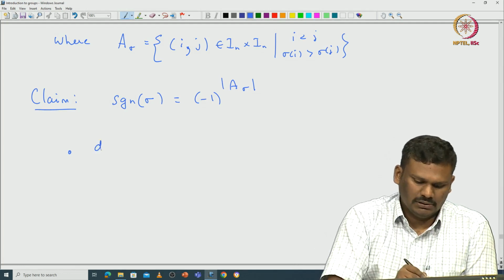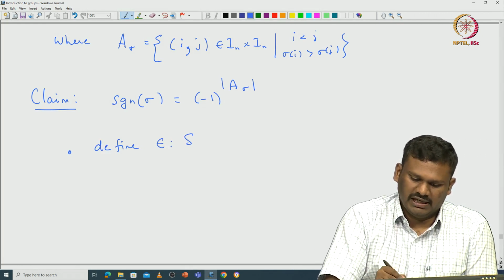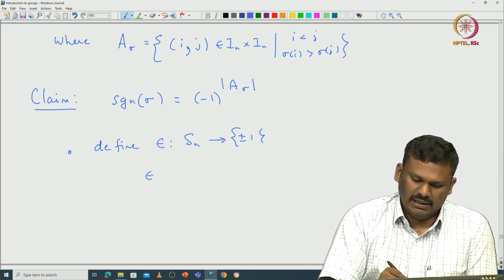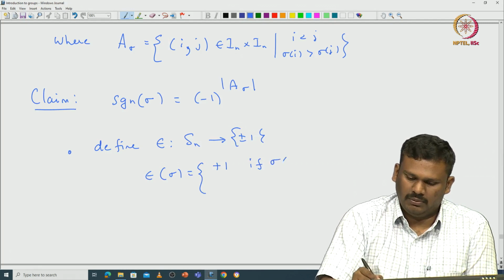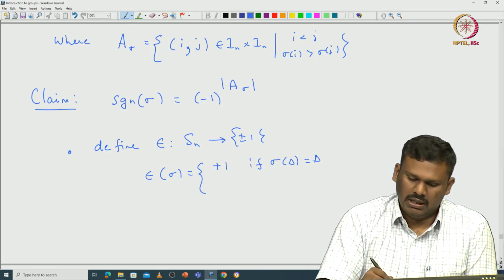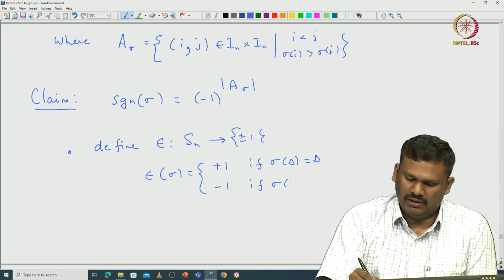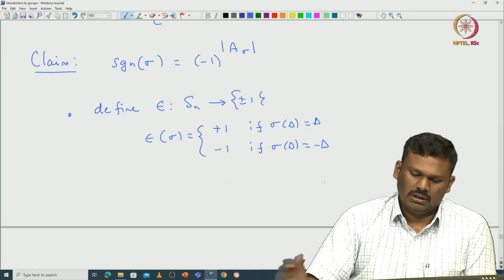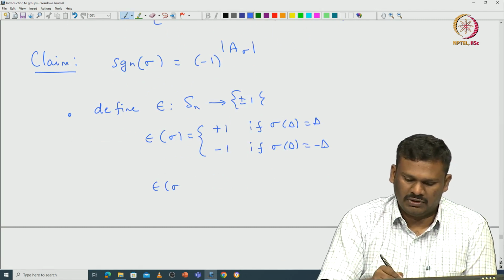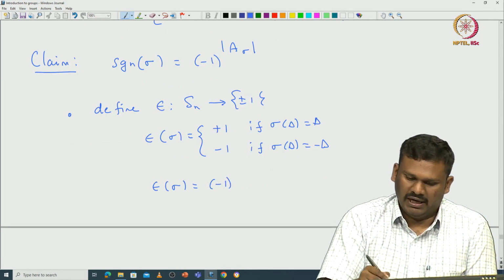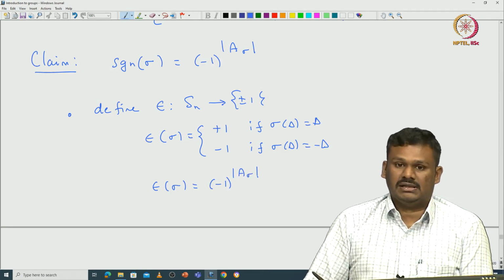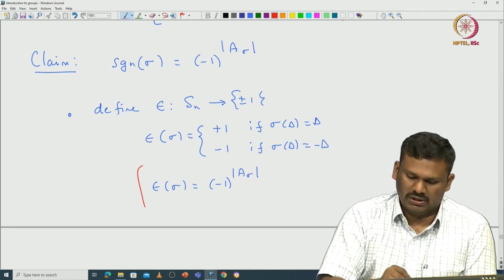Define the following map epsilon from Sn to plus or minus 1. Epsilon of sigma is plus 1 if sigma of delta is delta, and minus 1 if sigma of delta is minus delta. From our formula you can see that epsilon of sigma is nothing but minus 1 power the cardinality of A sigma.